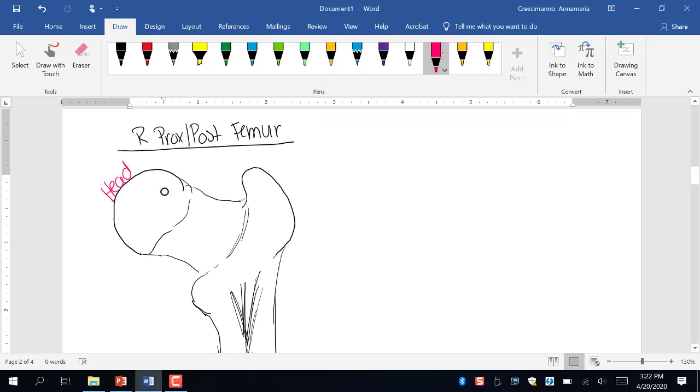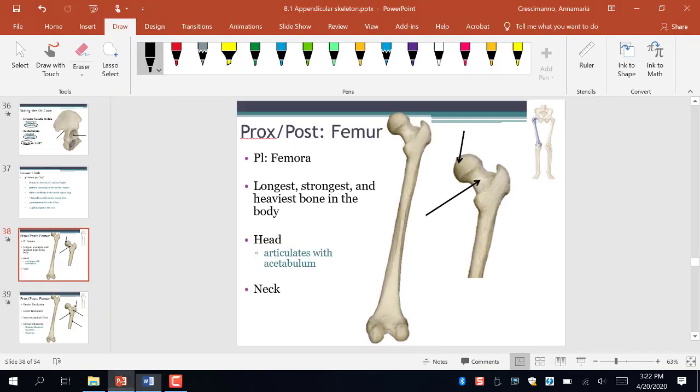And then we have the neck deep to that, or distal to that. Okay, let's talk about some of the other features that we see.